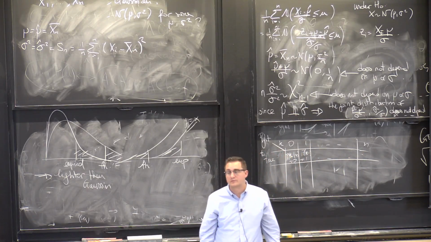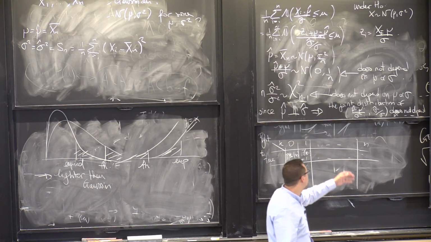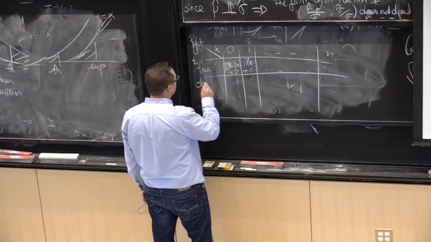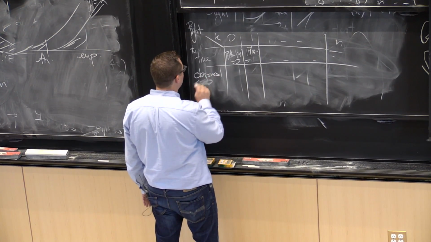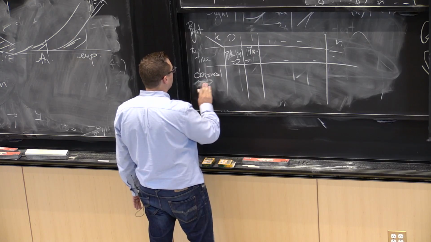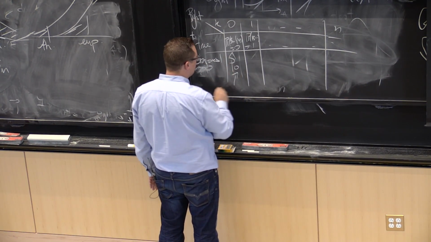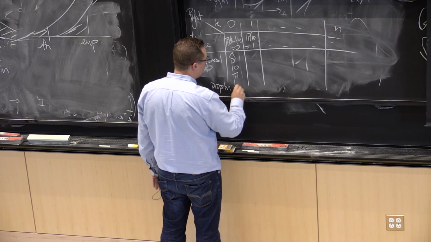I can compute those numbers. Those are actually going to be exact numbers, right? I just plug in the formula that I had. And then I'm going to have some observed values. So that's going to be p hat 0, and that's basically the proportion of zeros.